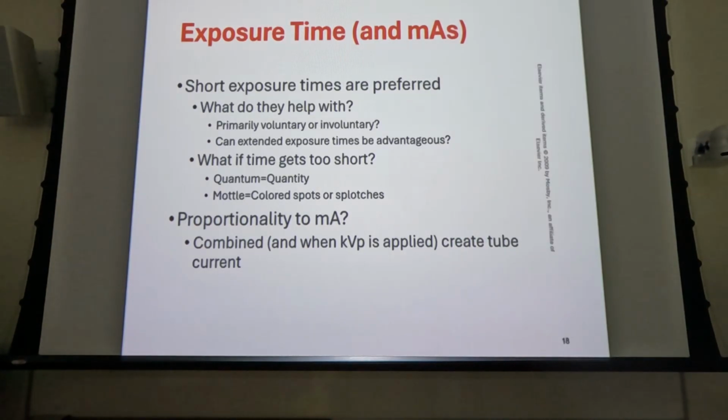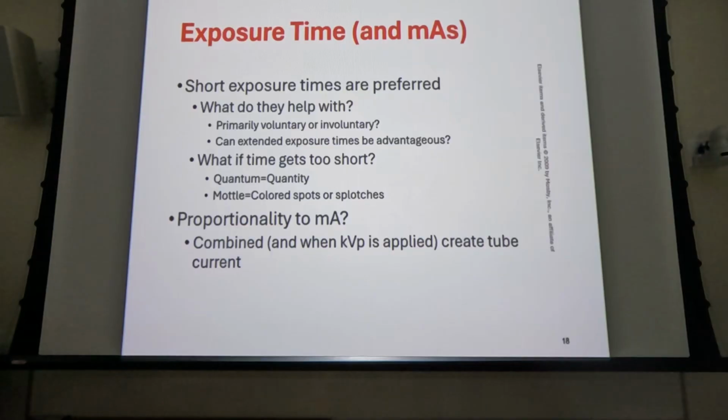We want the motion to blur out something that's superimposing something else. Lung markings on a sternum, lung markings on a lateral T-spine, the jaw and a wagging jaw, right? So there are times that we want that long exposure time in order to give us time to blur those things out, but most of the time it's going to be short exposure time.